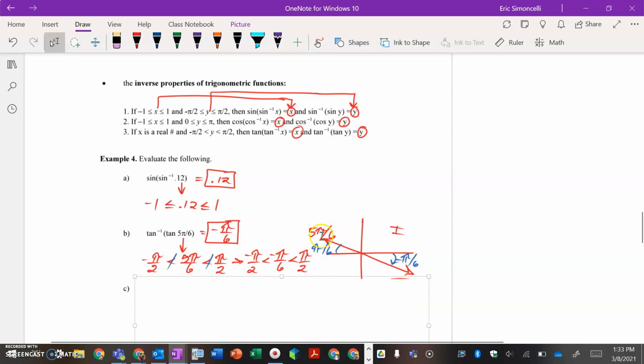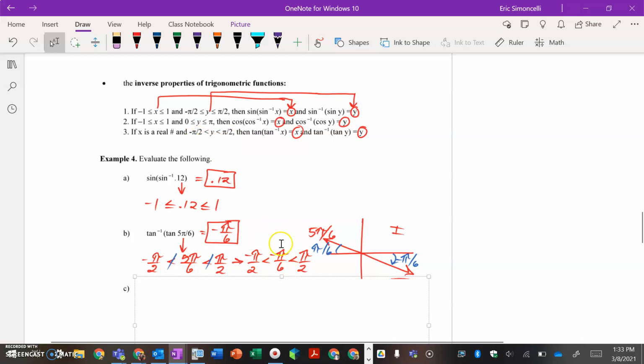5pi/6, as you can see in the picture, is in the second quadrant. However, if you look at the fourth quadrant, -pi/6, which is a vertical angle congruent to this pi/6 angle, will have the same tangent. So if you type this into your calculator, -pi/6 will be the result because -pi/6 does fall between -pi/2 and +pi/2.